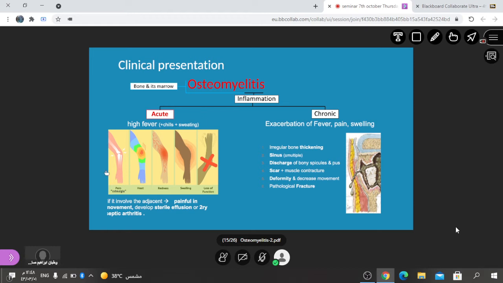As you all know from the basic years, these are the pain, which is called in this case the ostalgia. We also have the vasodilatation of adjacent arteries. We have heat, redness. The increased permeability will cause swelling, and the swelling, if it involves the joint, causes loss of function of that joint.